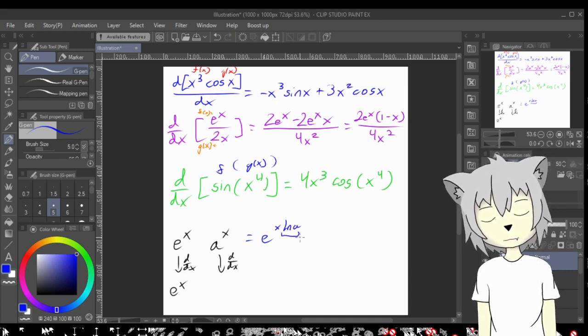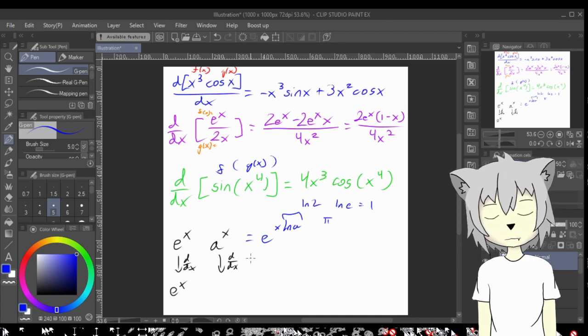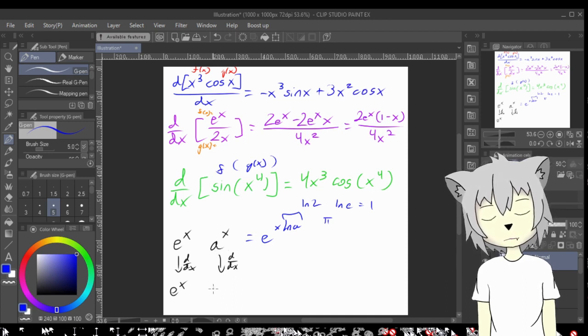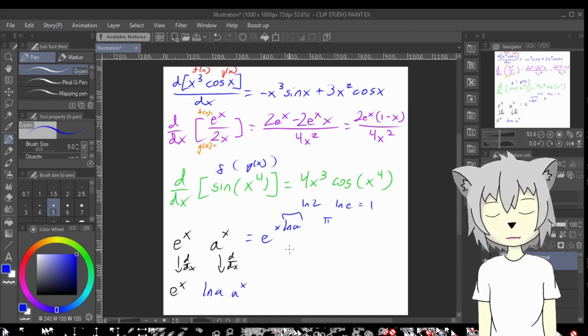And this is a constant. It's not a function. a could be, this entire thing could be ln of 2, or ln of e, which is just equal to 1. Or the entire thing could just be equal to pi, doesn't really matter. But the derivative of a^x is basically ln a times a^x, because you're basically using the chain rule there.